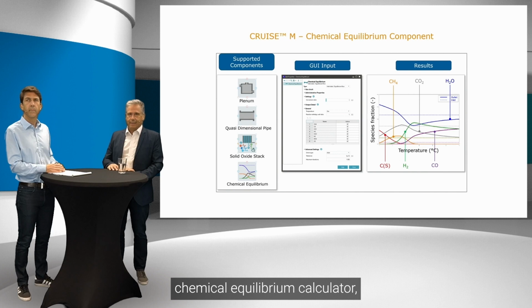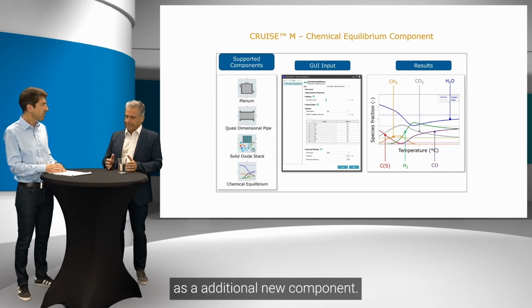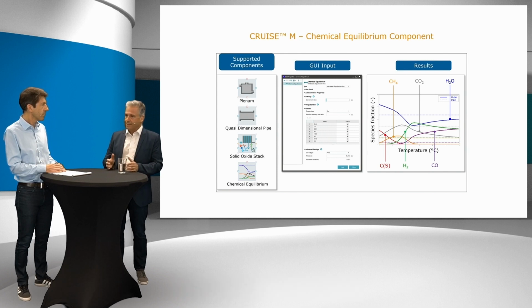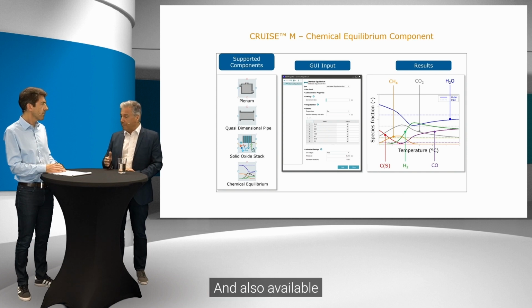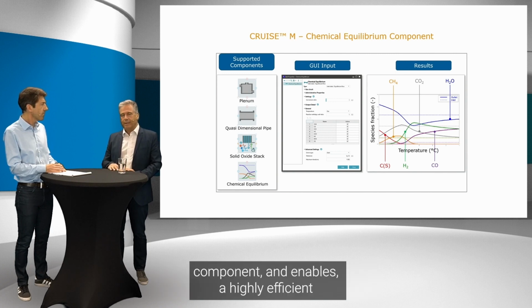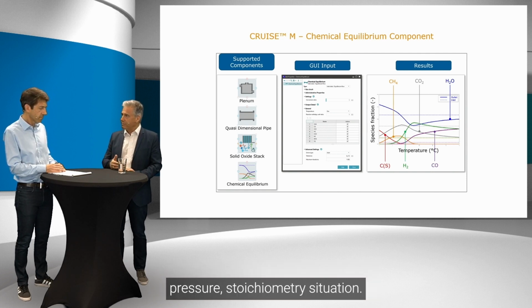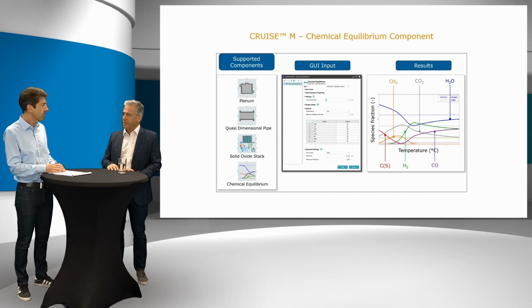A specific highlight in that context is our chemical equilibrium calculator, which is applicable as a new additional component and is also available in the quasi-dimensional pipe, in the plenum component, and in the stack component. It enables a highly efficient calculation of the species composition for a specific temperature, pressure and stoichiometry situation.